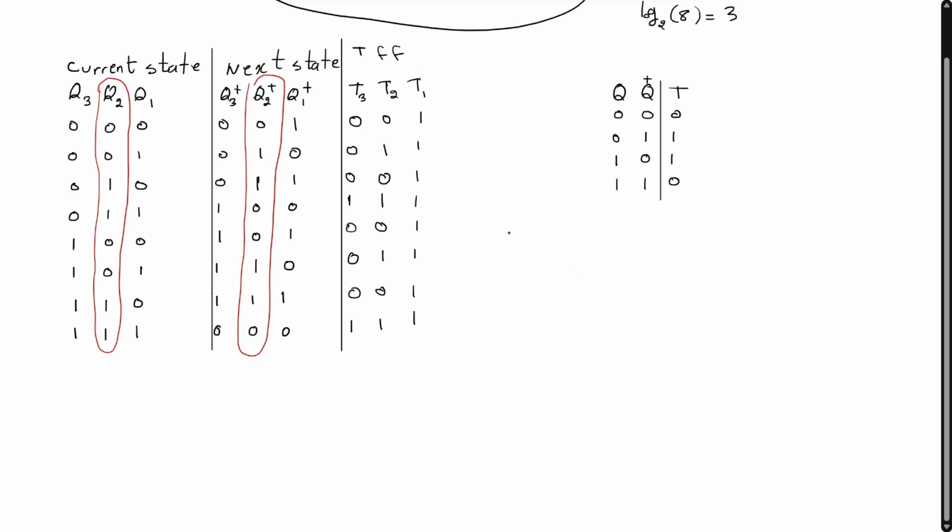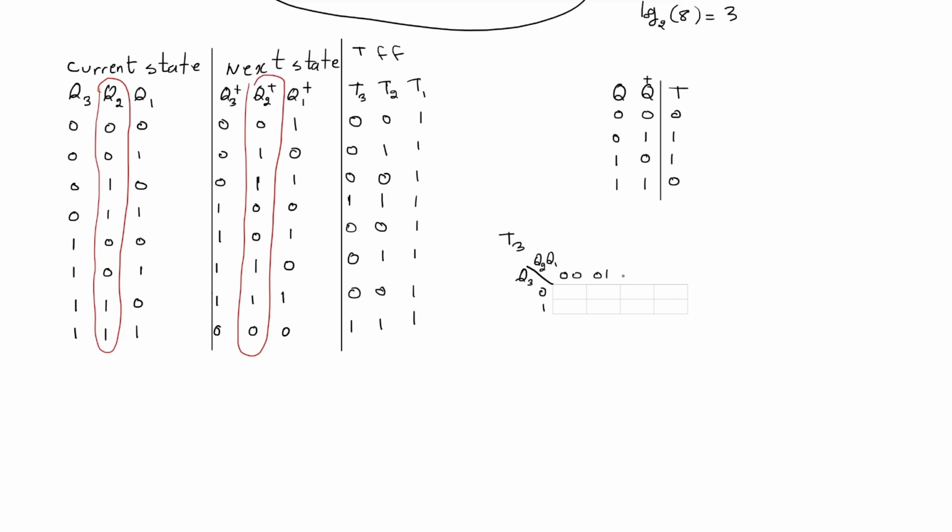For T3, let's do it here. On this side, let's have Q3, and then on this side, let's have Q2, Q1. Q3 could be 0, could be 1. And then for Q2, Q1, we're going to have 0, 0, 0, 1, 1, 1, and 1, 0.